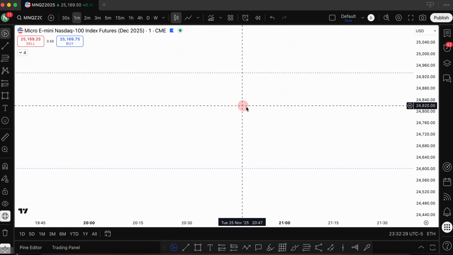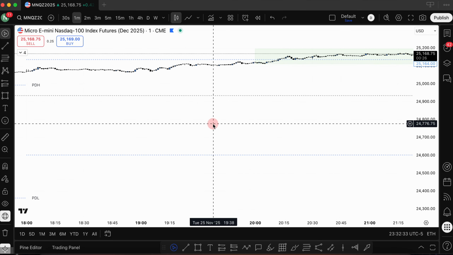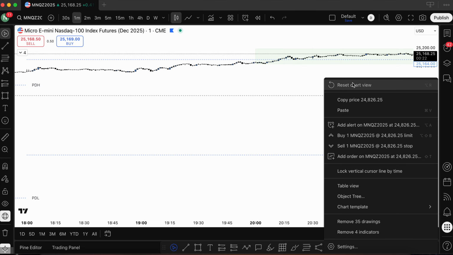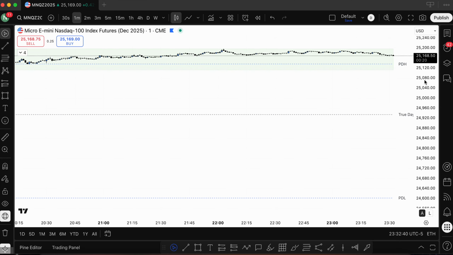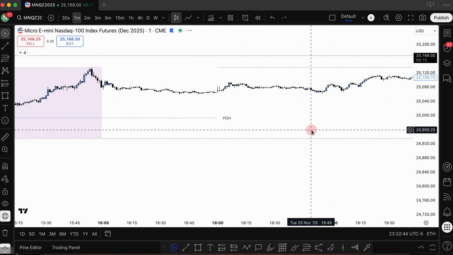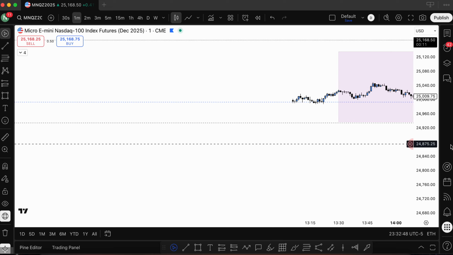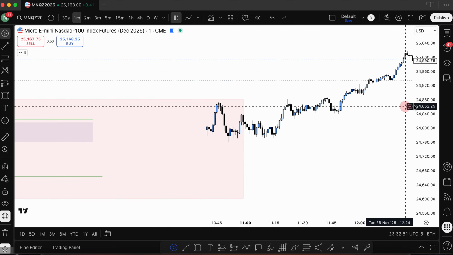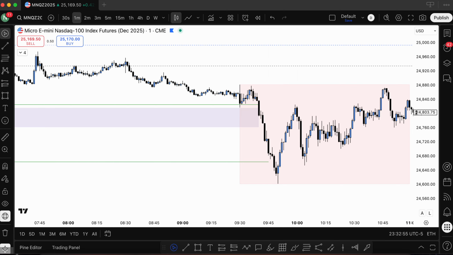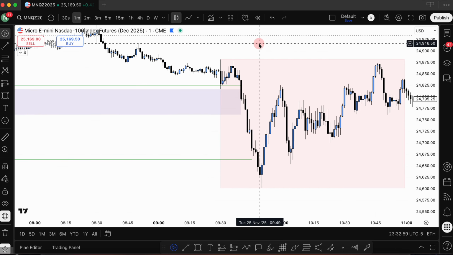I've noticed when the market opens, I'm more risk averse, as in I'm only trying to look for A plus setups and I don't want to take anything risky.